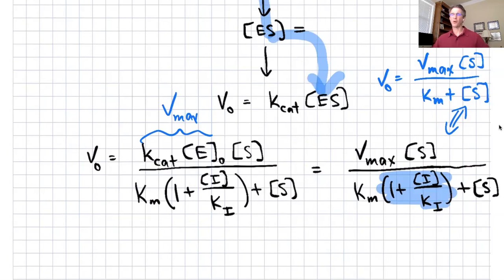We have a term that we multiply by Km, and it has a really important impact. Your concentration of inhibitor is going to have some value greater than 1, or you're not doing an experiment. The Ki, presumably, if it binds, is going to have some value greater than 1. So that whole expression is going to have some value greater than 1, which means the impact of a competitive inhibitor is to increase the Km.